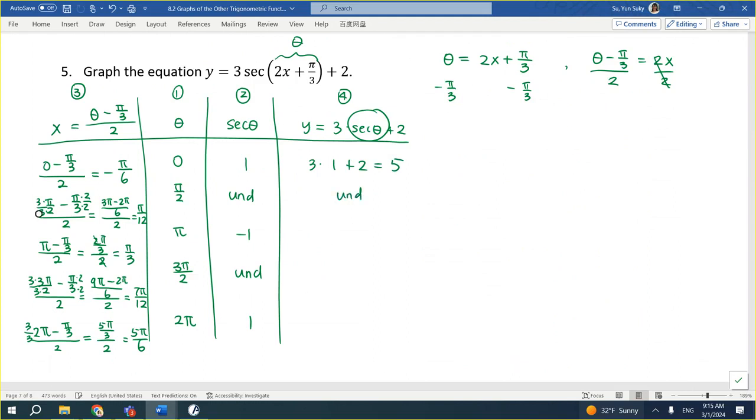Undefined. When you plug in minus 1, what do you get? Negative 1. Undefined? Undefined. 1? 5, because it's the same as this number. So we figure out the table. Everybody okay with that?